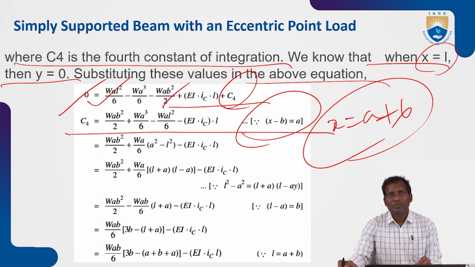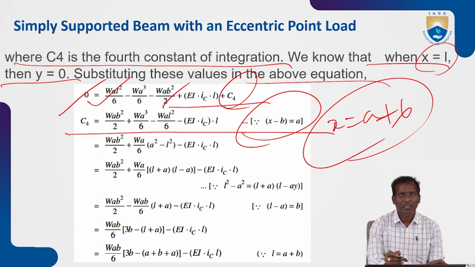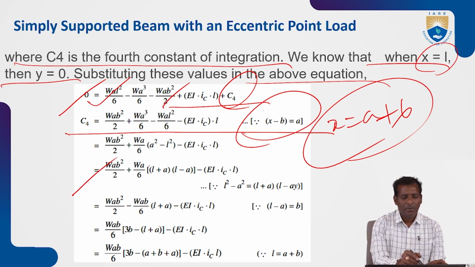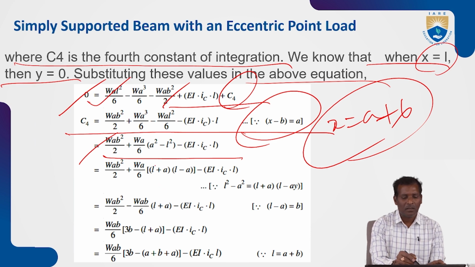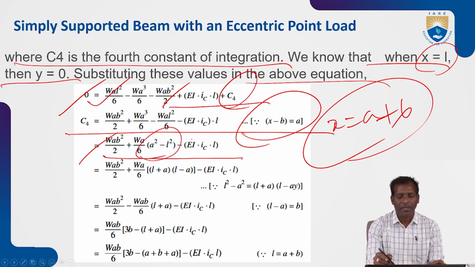So now again substitute this X minus B is equal to a. I have written the equation like this: WaB square by 2 plus Wa by 6 into a square minus L square minus EI into theta C into L. Now write this equation with a square minus L square, like a square minus b square, so a plus b into a minus b.